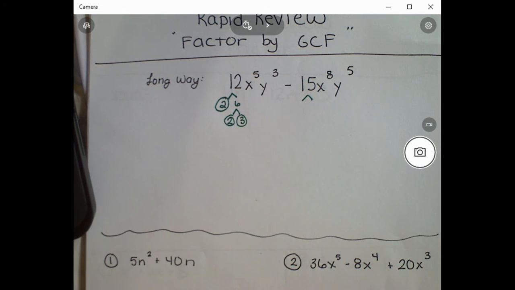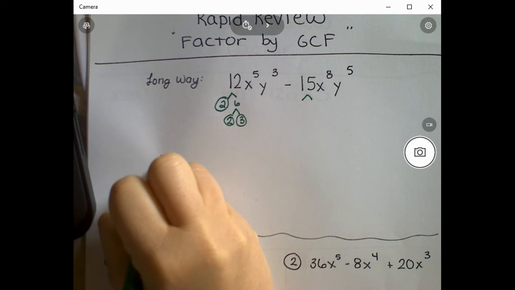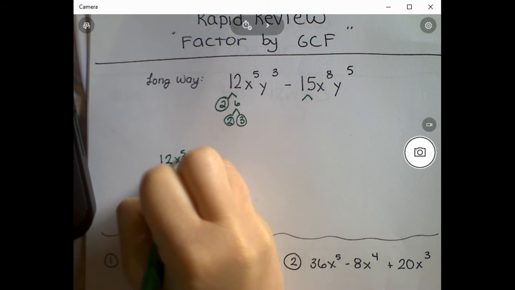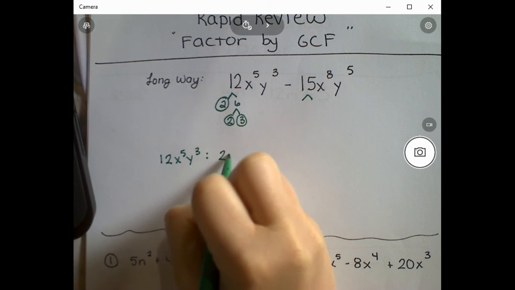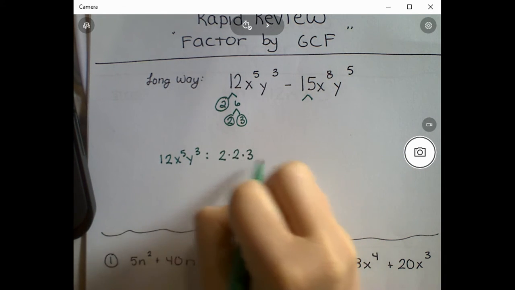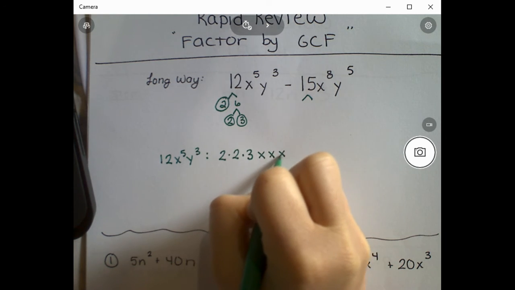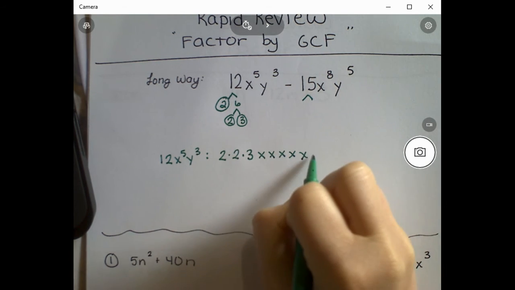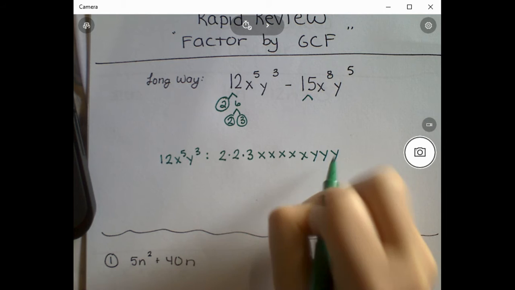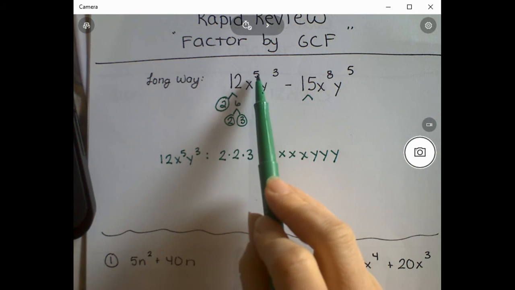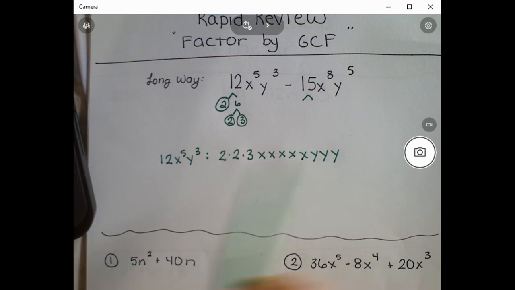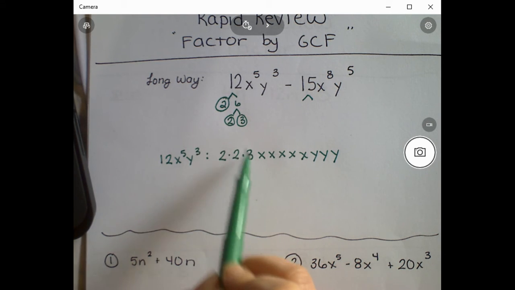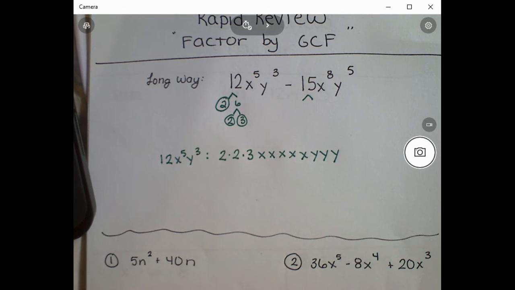So those are the prime factors of 12. So we have 12, x to the fifth, y to the third, which is 2 times 2 times 3, 1, 2, 3, 4, 5 x's, and 1, 2, 3 y's. X to the fifth, 5 x's, y cubed, 3 y's. And then the 2 times 3 is 12, prime factored.